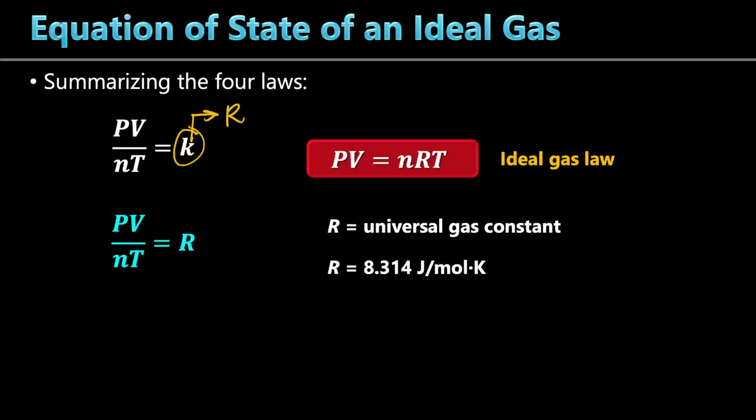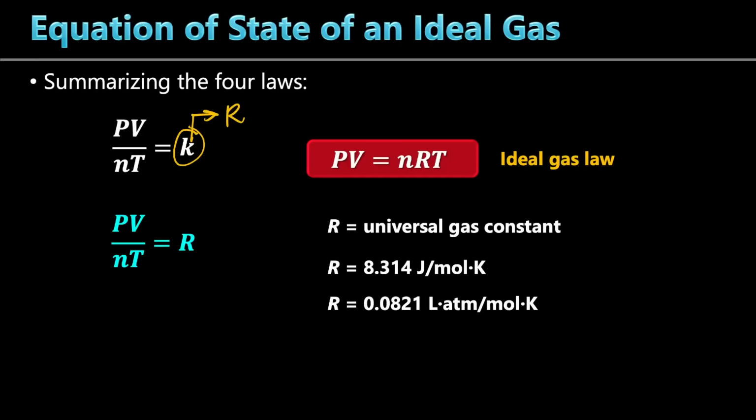Okay? But there are times when a problem has the volume expressed in liters. And sometimes, the corresponding pressure is expressed in terms of atmospheres. So in the case that the pressure is in atmosphere and the volume is in liters, we use this value of R, 0.0821 liter atmosphere per mole Kelvin. Okay?